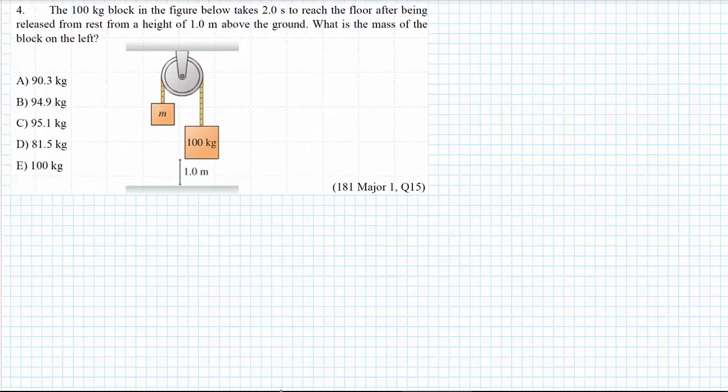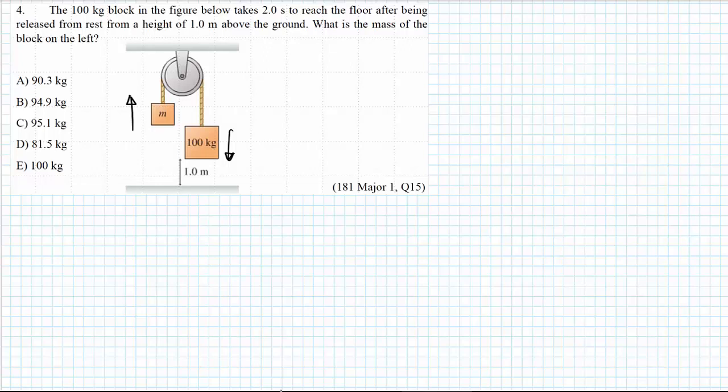For this one, we have two objects here. They are related together. They have what we call dependent motion. The dependent motion is that if you try to move one object, it will affect the other object. If we try to move the 100 kilogram object downward, the object M will move upward. What's the relation between both of them? They have the same speed, but one is downward, the other one is upward.